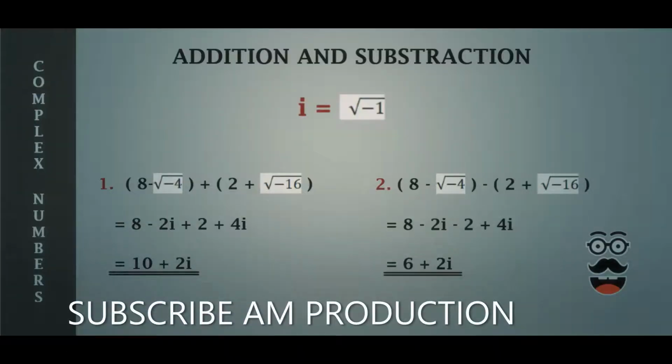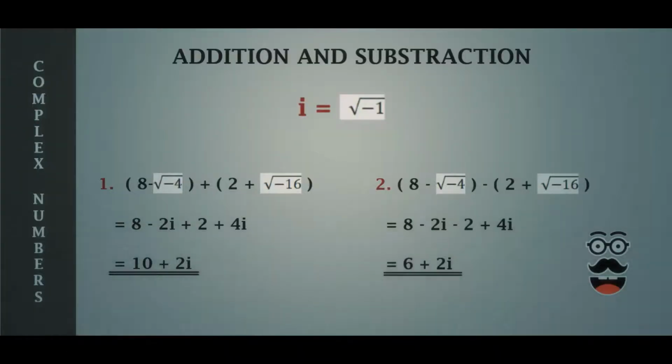Okay, let's discuss addition and subtraction of complex numbers. Look at example 1. 8 minus square root of negative 4 plus 2 plus square root of negative 16. According to the first major rule, i equals square root of negative 1.